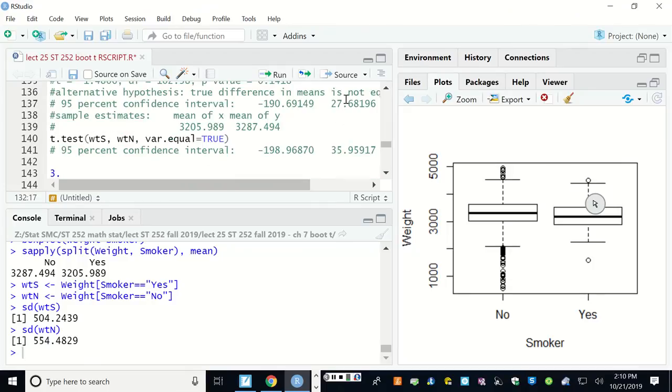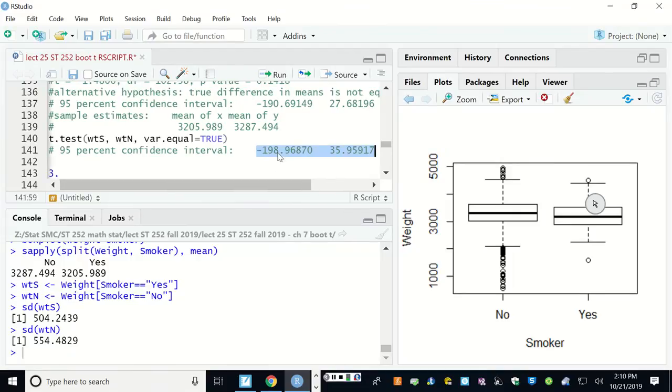But the intervals do shift quite a bit. The one with equal variance ends up being kind of wider. You might try to think through why that might be. The variances are kind of equal, but the non-smokers is the much bigger group that has the bigger one, and so the pooled variance is going to be bigger, maybe like 540.